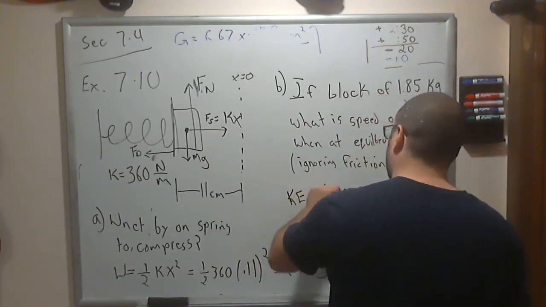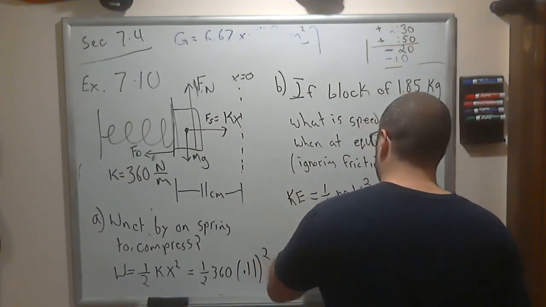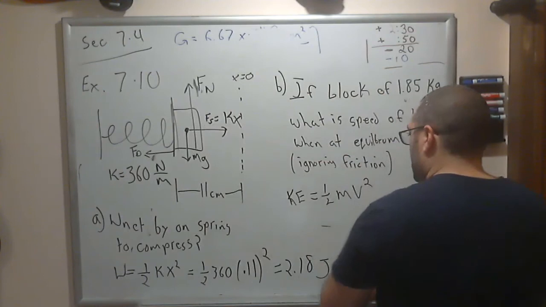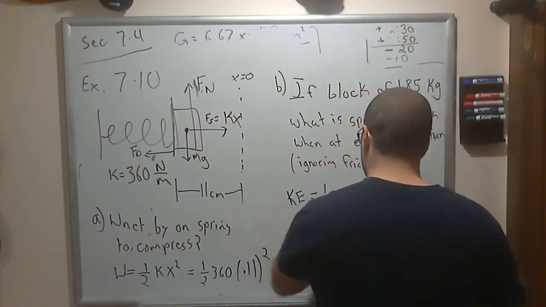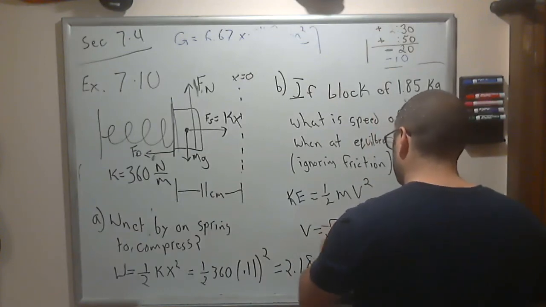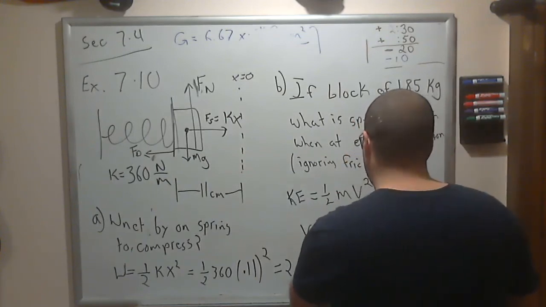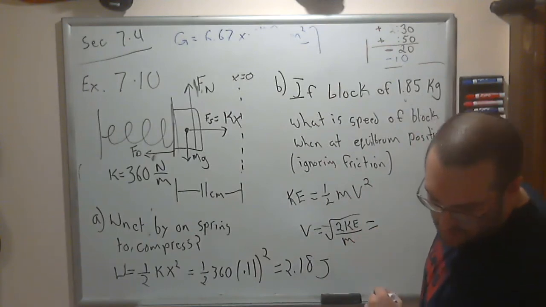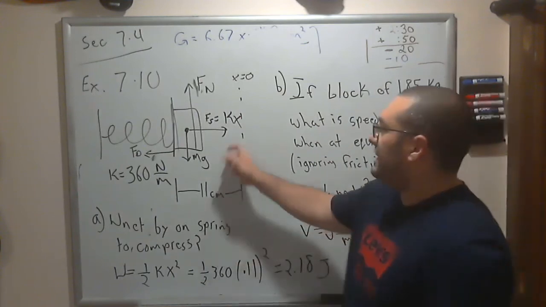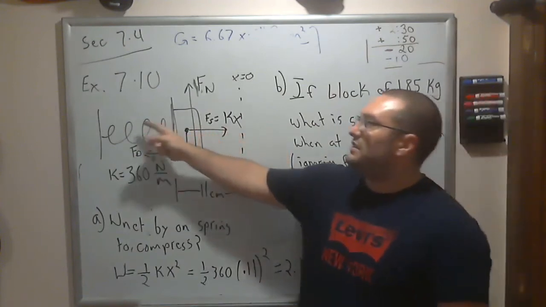KE is equal to 1/2 mv squared, and that is equal to this. So the velocity is 1.4 meters per second when it gets back up to equilibrium. And this is because there's no other forces on the system besides the spring force.